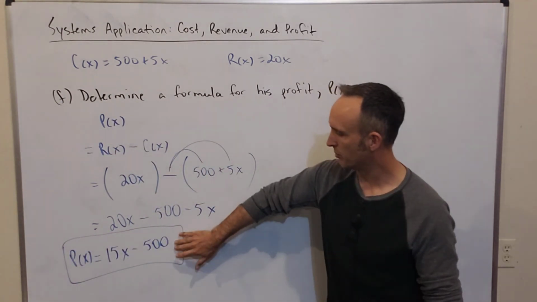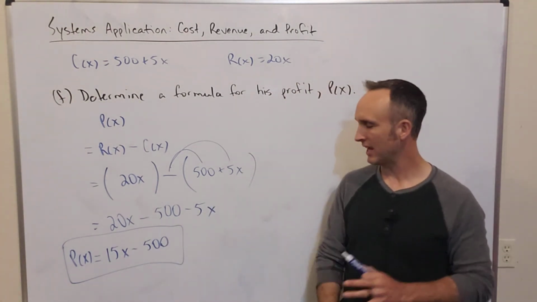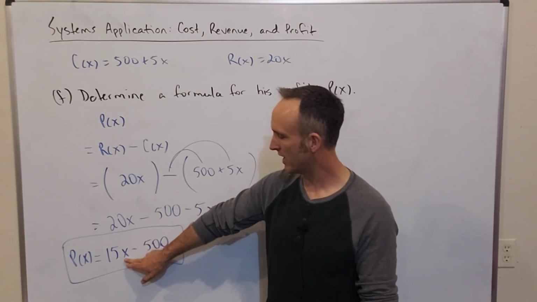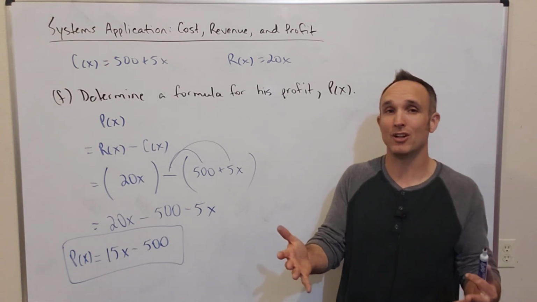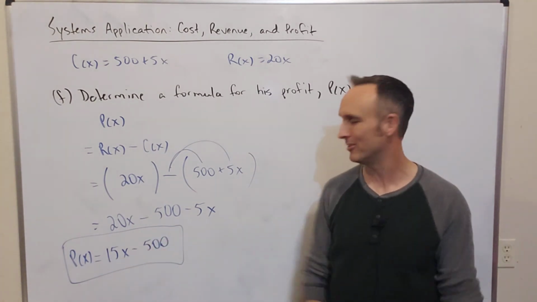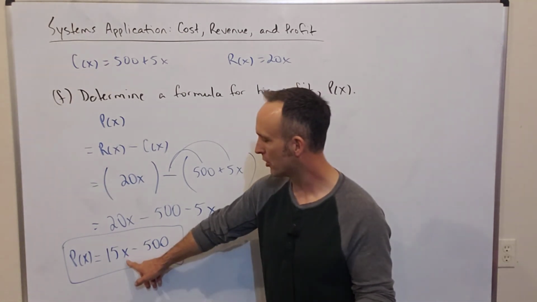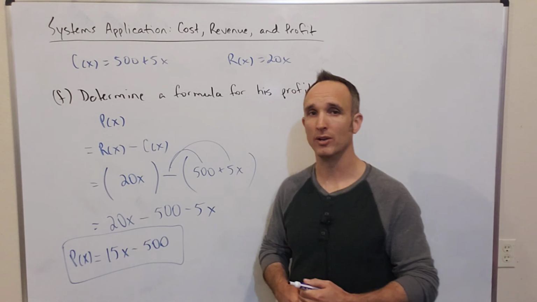Here's this profit formula if he mows X lawns. So just to put a handle on this, if he mows 0 lawns, if we plug in 0 for X, his profit will be negative 500. He's going to lose $500 because that's how much he spent to get started. Okay, so that makes sense. If we plug in 33 1/3 for X, how much should his profit be? Remember, that was the break-even point.